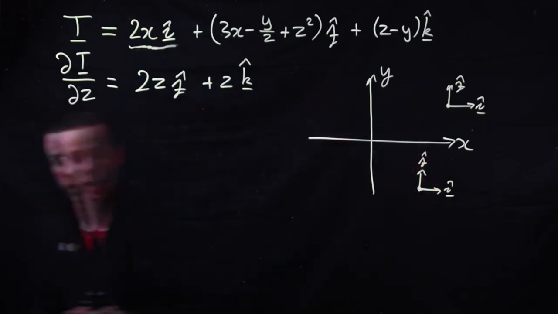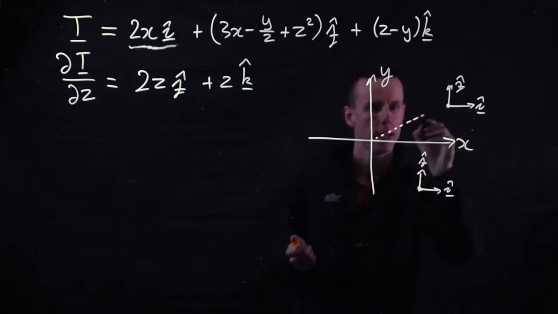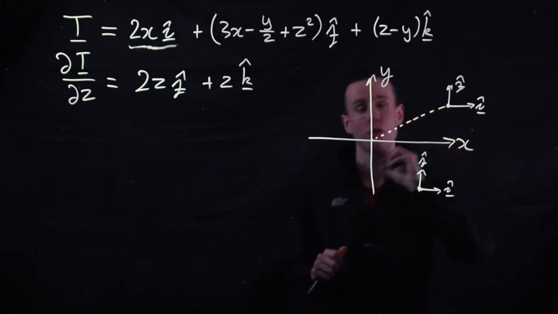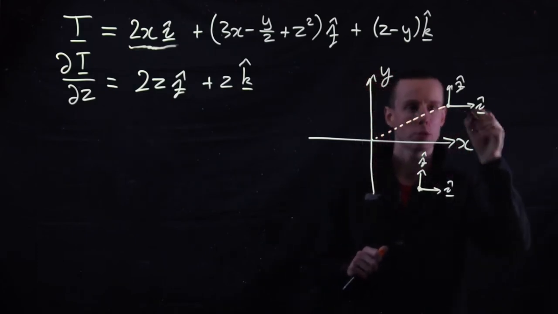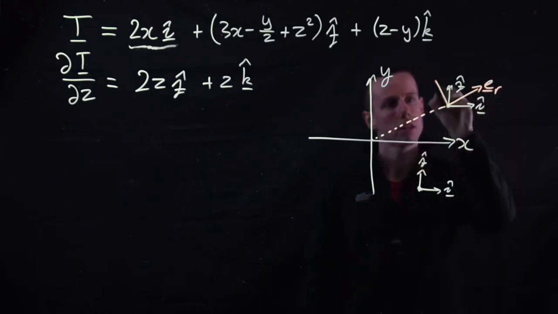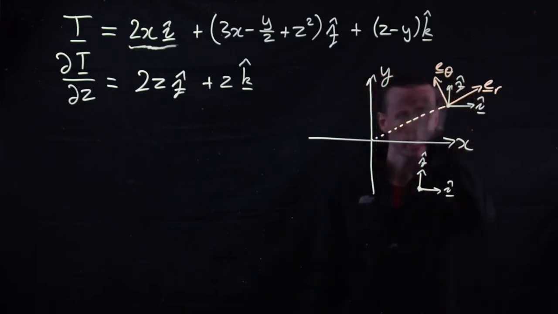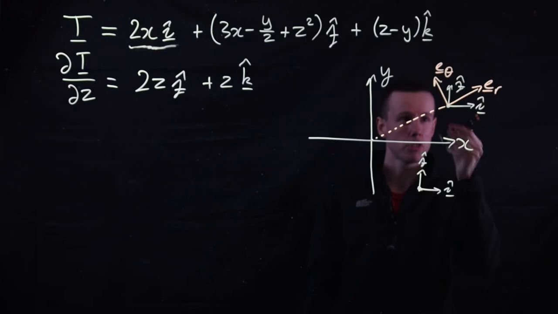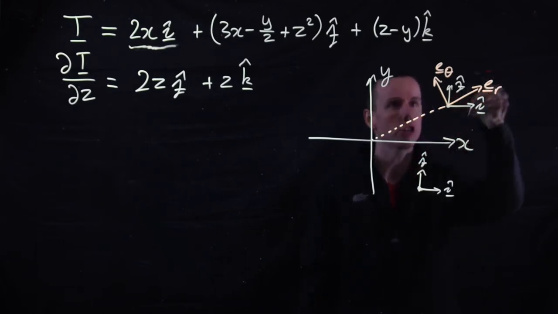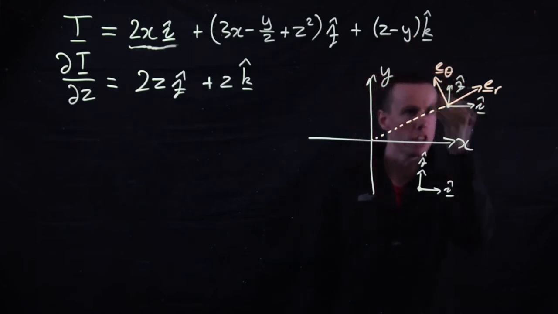If I take this point again, and draw a little dotted line out to it, then the basis vector for the r coordinate, e subscript r, will point in that direction, and e theta will point in this direction, the direction of increasing angle. The basis vectors point in the direction of increasing coordinate. So e_r points radially out and e_theta points in the direction of increasing angle. That's how they look at that point.